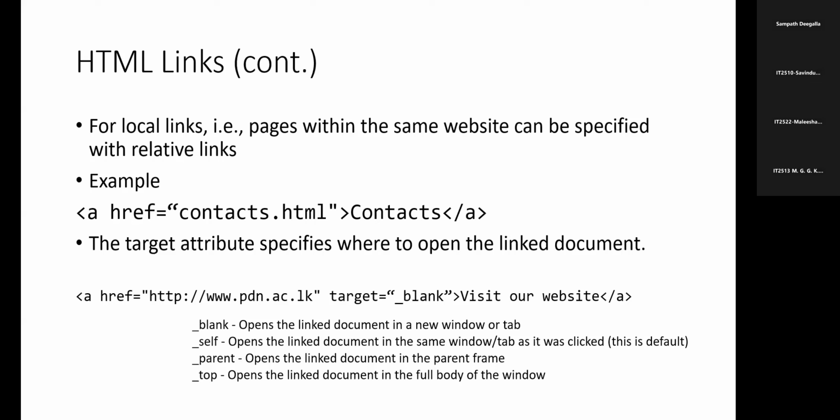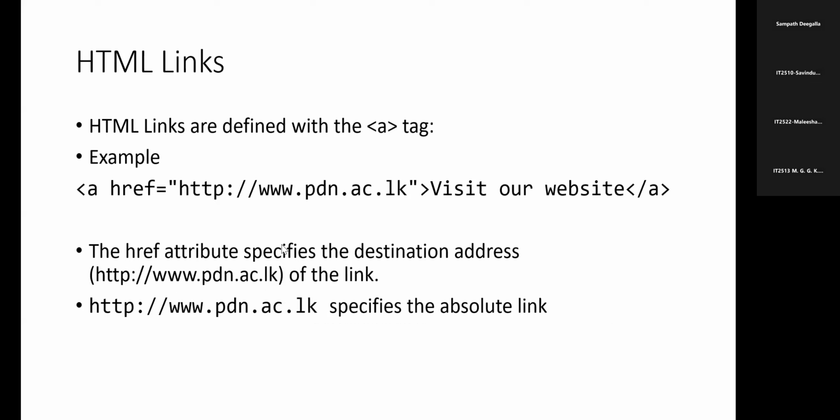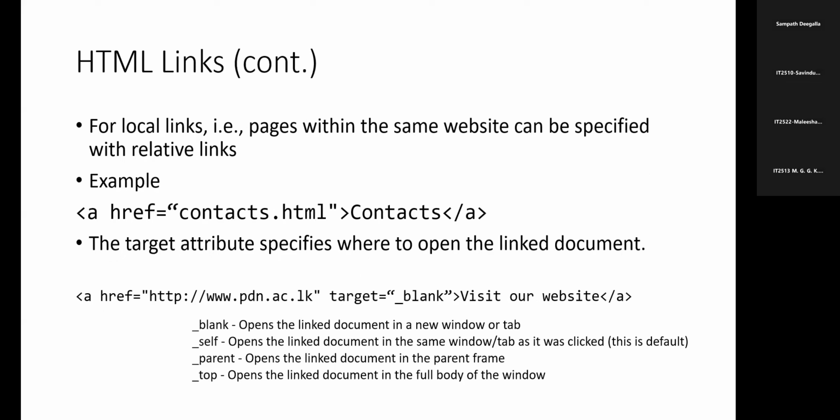Okay, so ideally, when you work with links, it'll load in the same window, right? But then again, if you wanted to load it into a separate page, then we need to use the special target attribute.